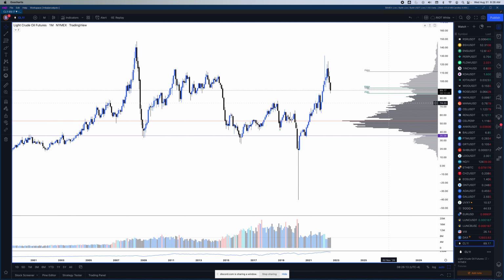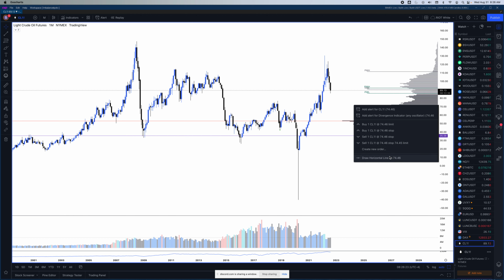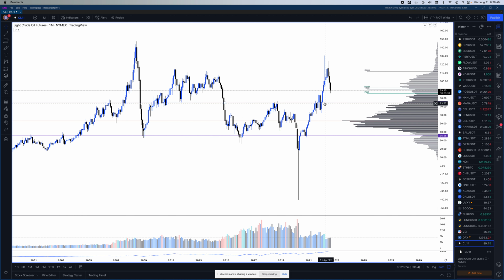These are monthly levels. I really like that level right here, with these closes, this wick, these closes, this wick, these closes. So I really like that level.